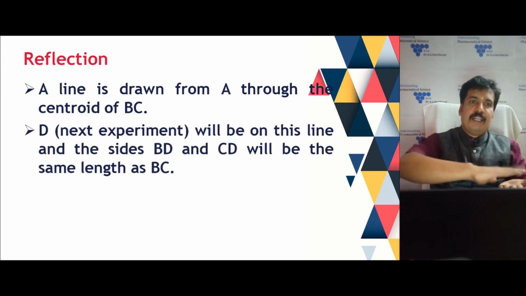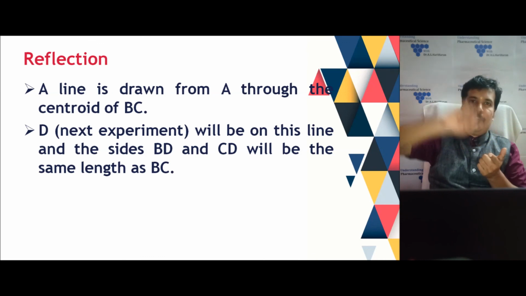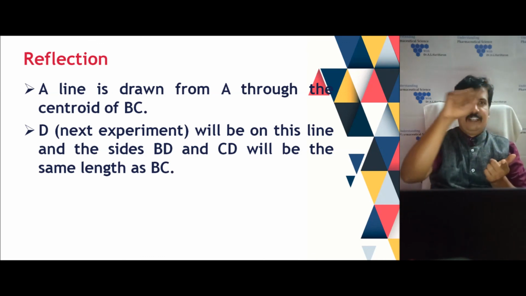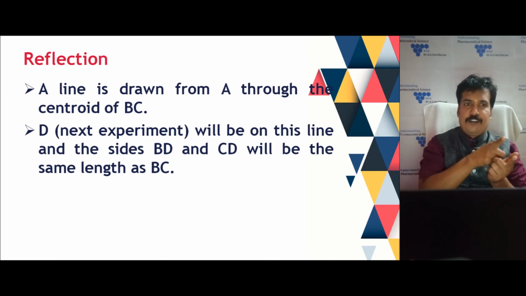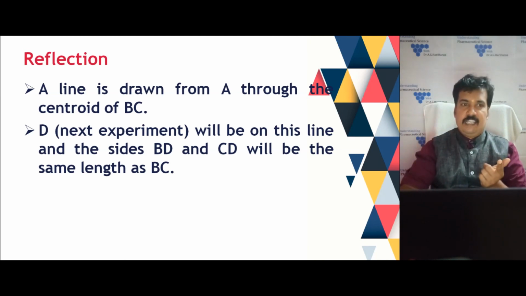It is like a mirror image. I am drawing a centroid line to this equilateral triangle A, B and C. The length of this line, I am reflecting on the other side to a point D.